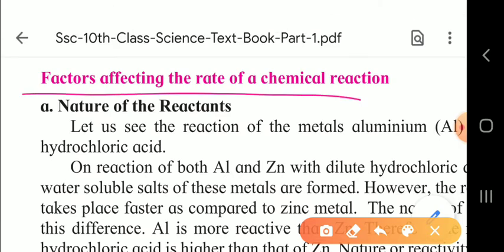Here are the factors we are going to study. First one is the nature of reactants. It depends on which type of reactant is there. For example, a student is very quiet and calm, and if anybody comes to fight with them, they think, okay, why fight?